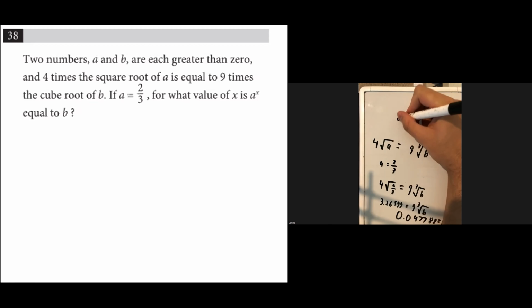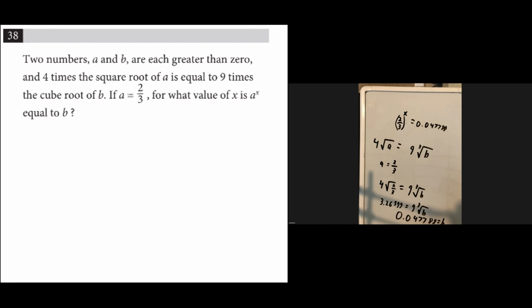So A to the X. 2/3 to the power of X has to equal 0.047788.